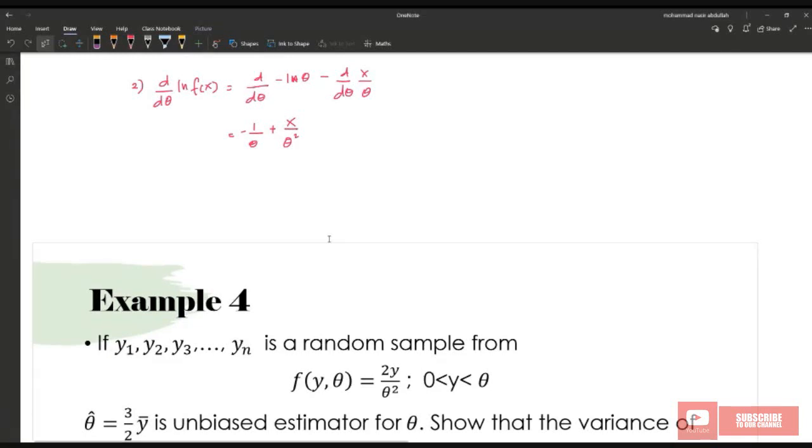So this one should be equal to x over theta squared minus 1 over theta.